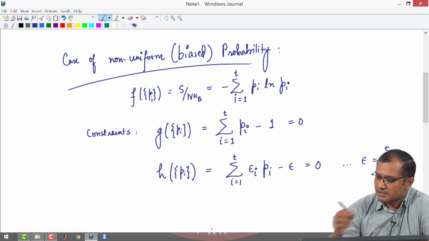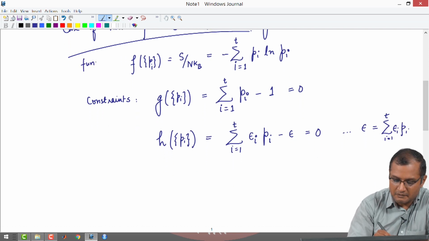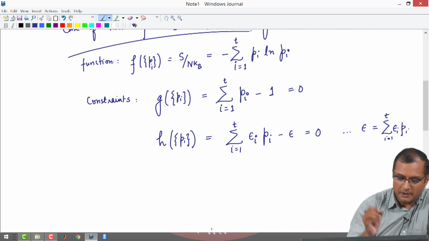I have two constraints, and I want to maximize my function, which is entropy.